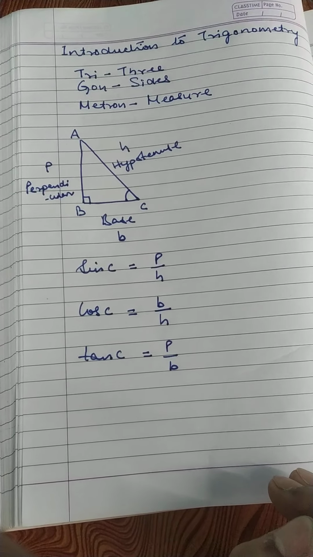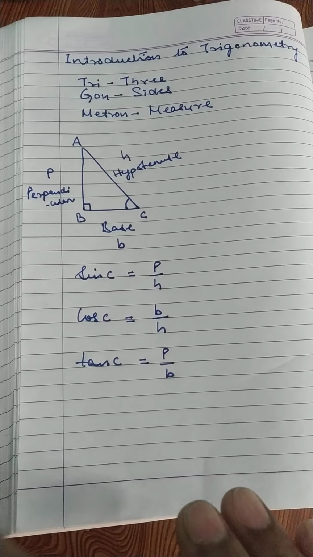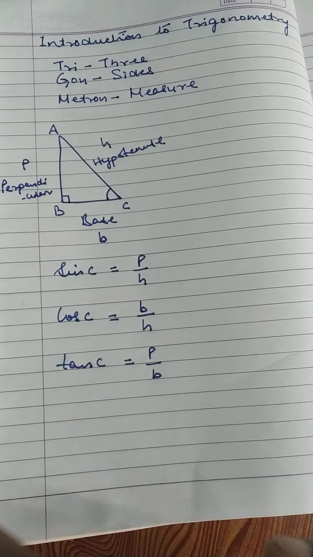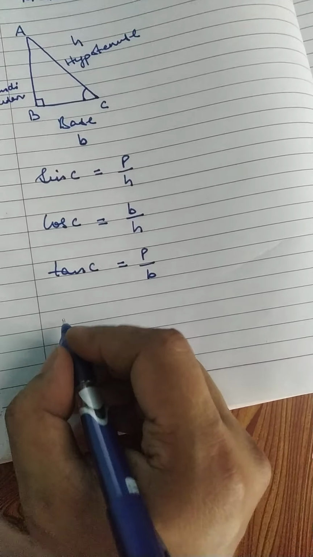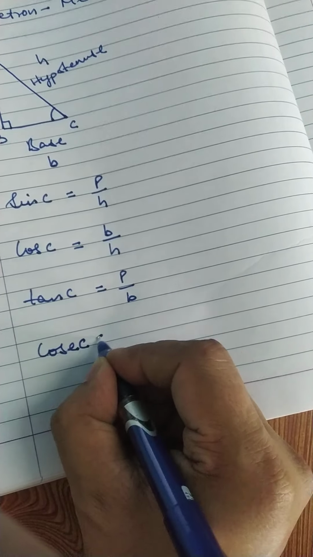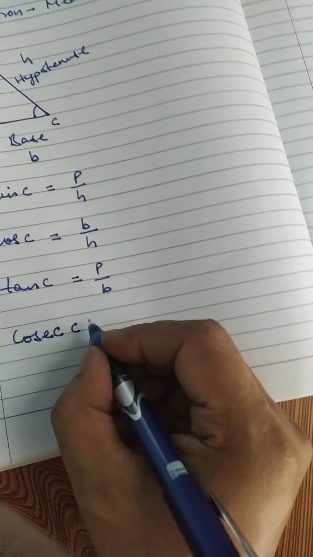On the basis of these three trigonometrical ratios, we can derive three more trigonometrical ratios. They are cosec C. Cosec C is the reciprocal of sine.